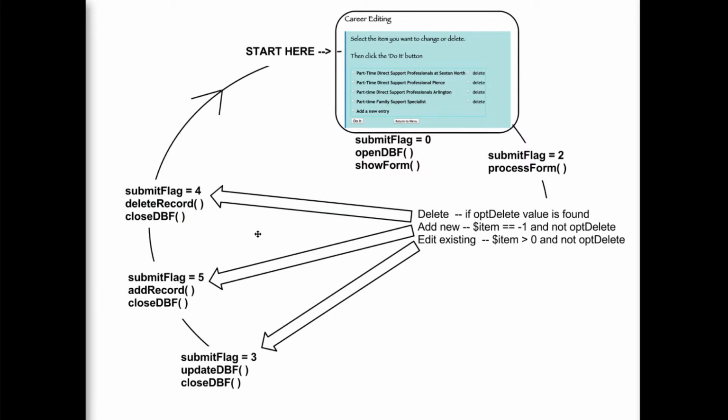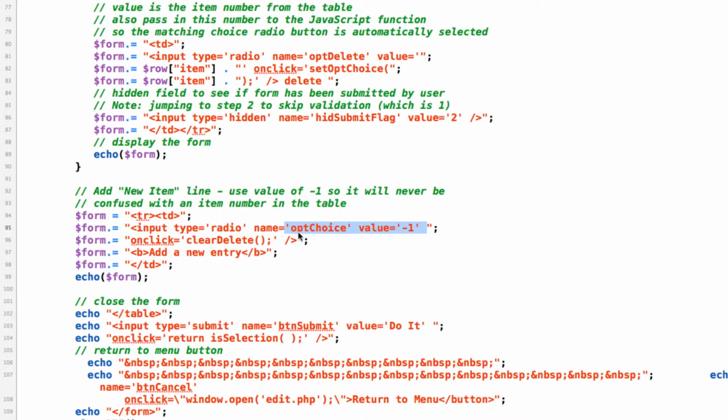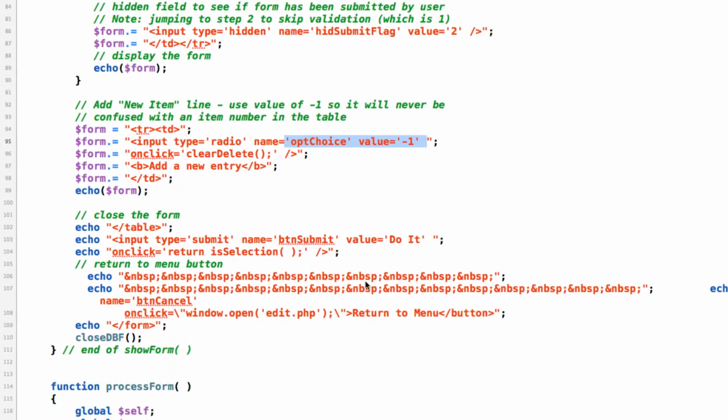If you look back at our schematic, you can see here that this is what we're looking for. So if we have a -1, then that goes to add a new item. So this is a second flag that we're setting up so the program knows what to do.